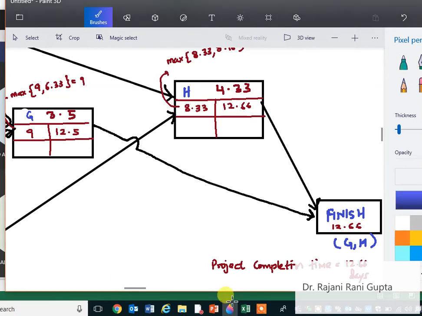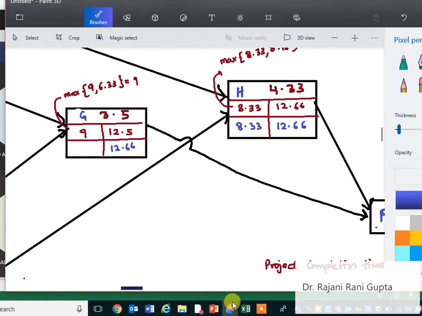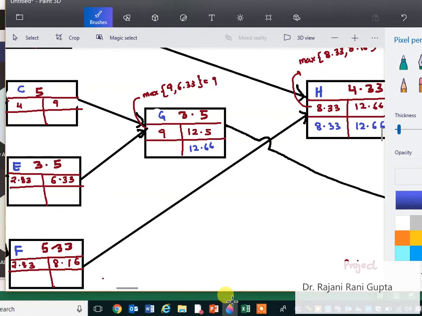So now we will work with the backward pass, like late start and late finish. So as the total project completion time is 12.66, it is 12.66 here, and 12.66 minus 4.33 gives you 8.33. Similarly for activity G we will have here 12.66 because this is the ending activity. And 12.66 minus 3.5 gives you 9.16.